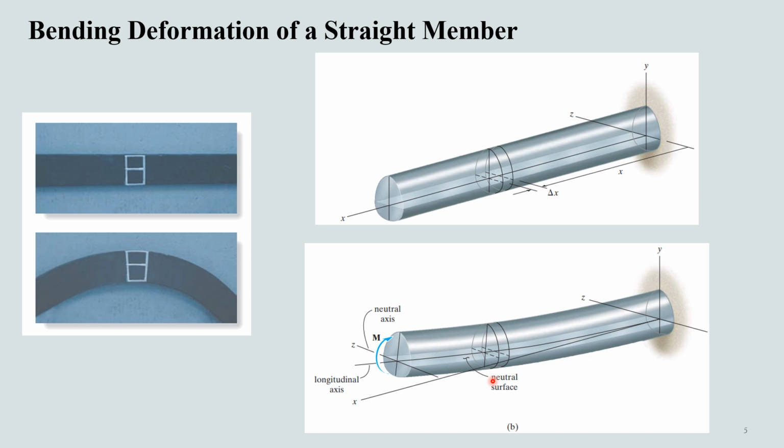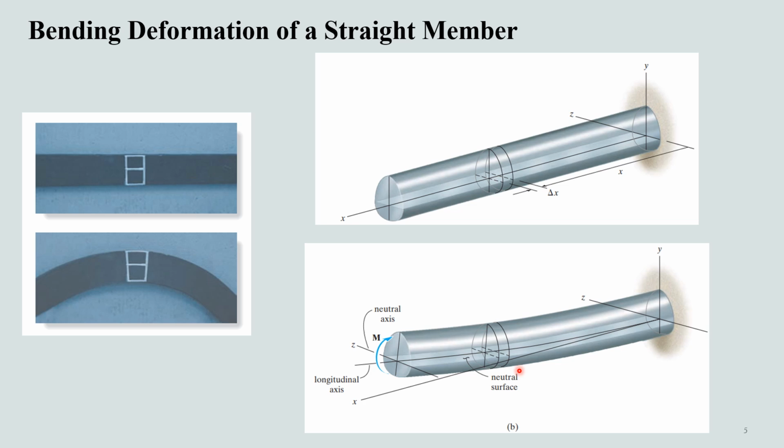Then all the cross sections of the beam remain plane and perpendicular to the longitudinal axis during the deformation. The plane sections that were originally plane will remain plane even after the deformation, and they will be perpendicular to this curved axis or curved line.